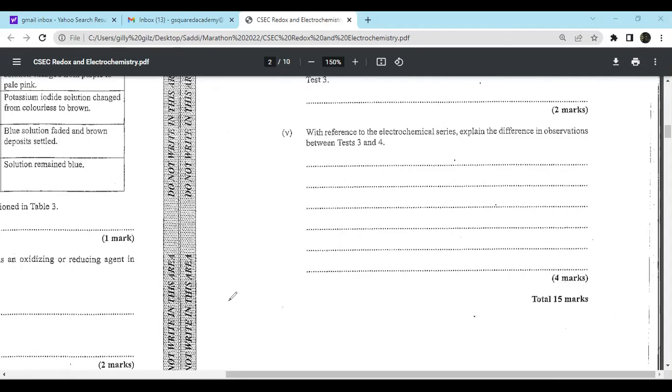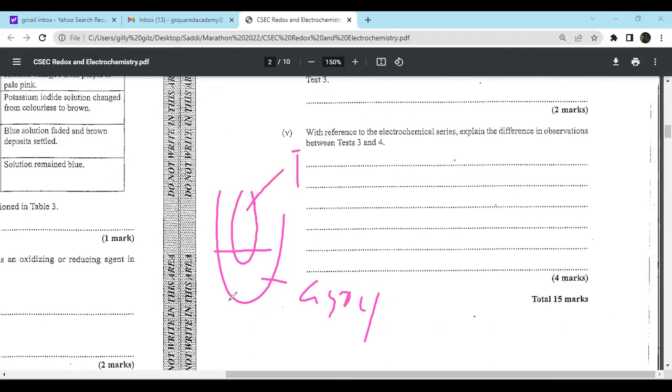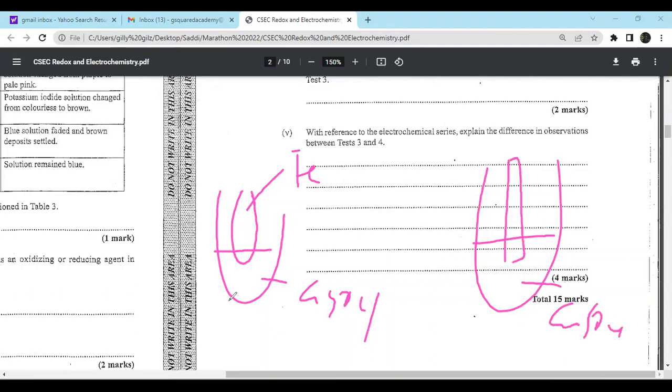In one instance, you have copper sulfate, CuSO4, and you place in that a piece of iron metal. In the other case, you have copper sulfate, and inside of that, you place silver, Ag. In this case, the iron displaced the copper, so it kicked it out.